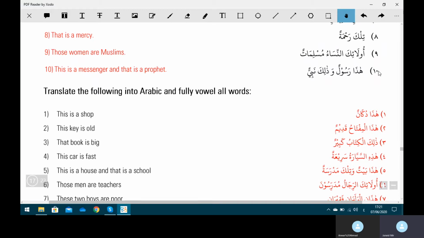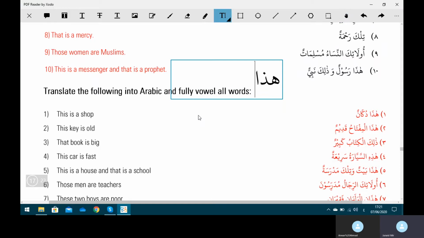If I said hadar rasulu with the alif lam after it, then that would mean this messenger, not this is a messenger. That's the difference between that and this one here.